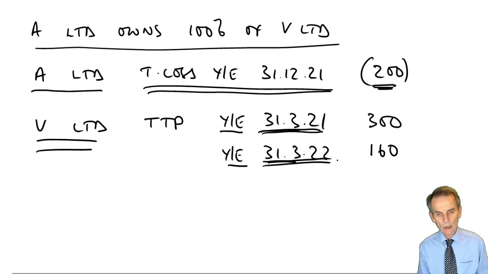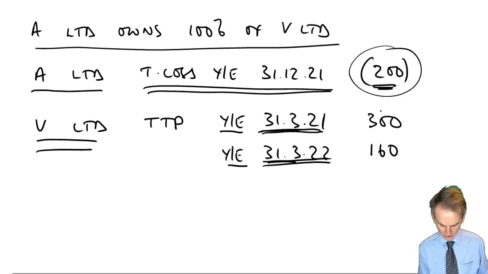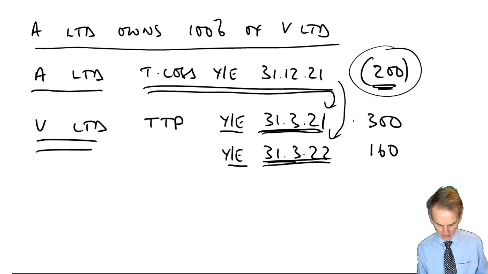So you need to time apportion how much of that loss of 200 corresponds with the year ended March 21 and the year ended March 22. And that will be how much loss may go from the loss-making company A Limited to be group relieved against the relevant profits of V Limited within those accounting periods.